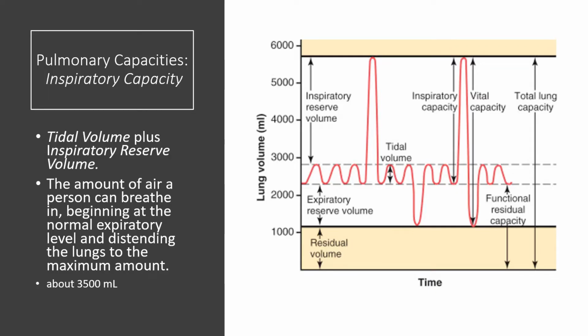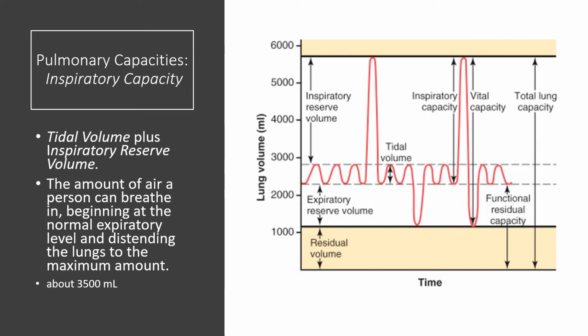In describing events in the pulmonary cycle, it is sometimes desirable to consider 2 or more of the volumes together. Such combinations are called pulmonary capacities. Inspiratory capacity is the amount of air a person can breathe in after a normal expiration and distending the lungs maximally.